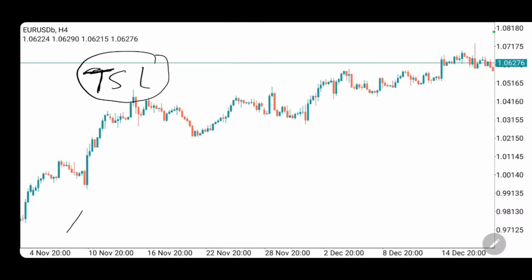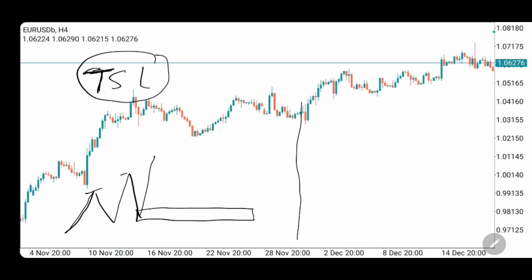In a conventional scenario, we have the market taking higher highs and higher lows. Now let's assume this is a demand zone. This is a classical scenario whereby we want the market to come to this zone, give us some form of entry confirmation, and buy.